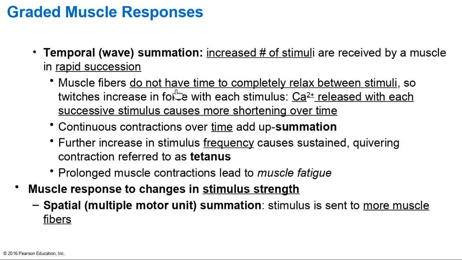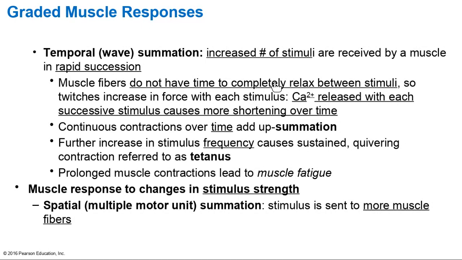So what happens here is that a motor neuron is giving a lot of action potentials in a short period of time to a muscle fiber or fibers. And because of all these increased numbers of stimulations, the muscle fibers do not have enough time to complete the relaxation phase. Remember that the relaxation phase is a little longer than the contraction phase.